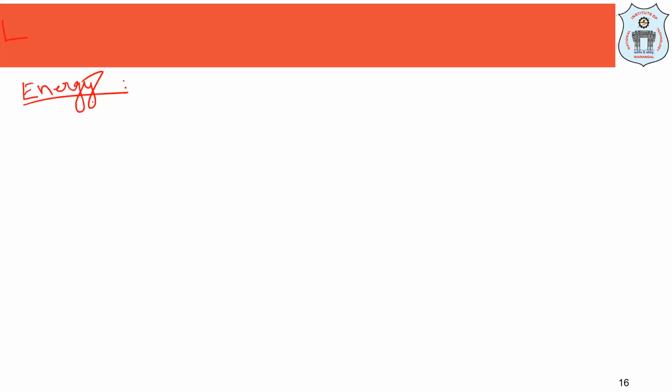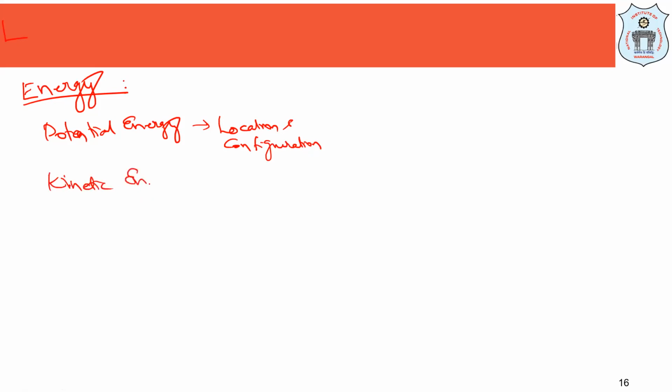It's a macroscopic system. Any macroscopic system will possess some energies in the form of potential energy, which depends upon the location and configuration. And we have kinetic energy, which again depends upon the motion.